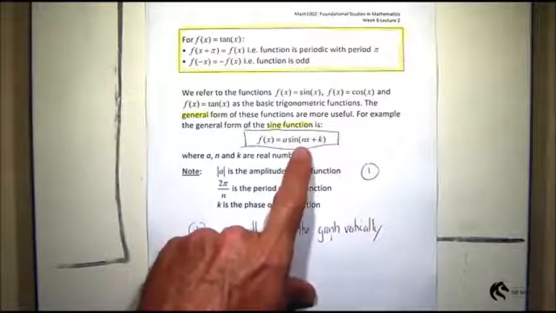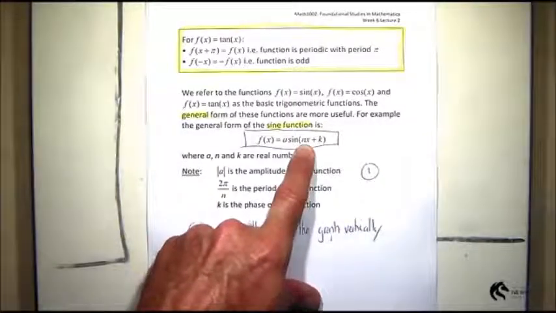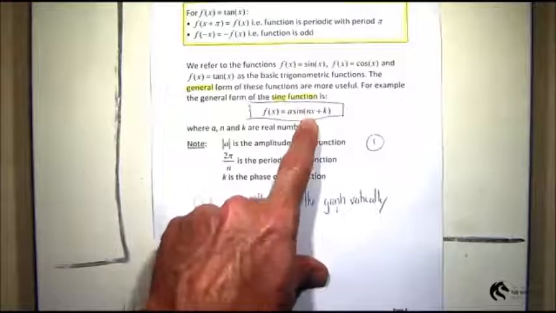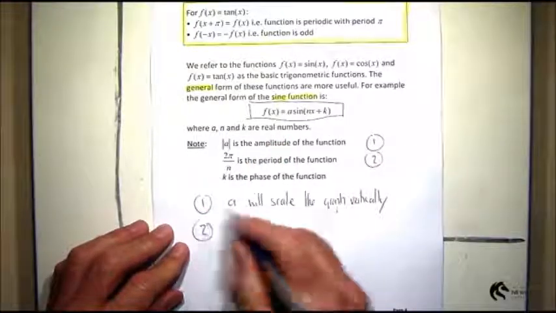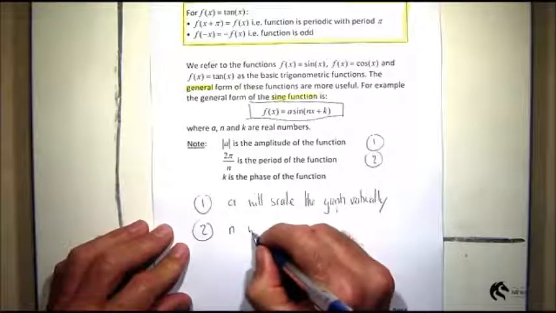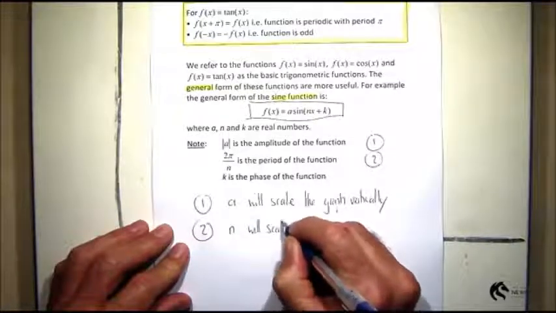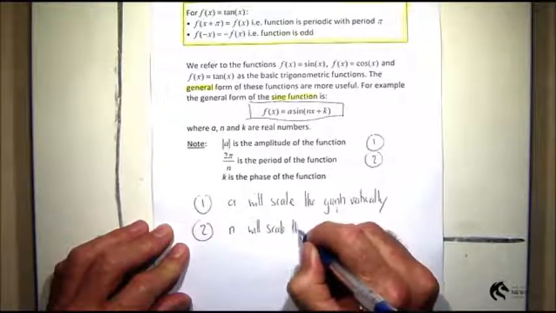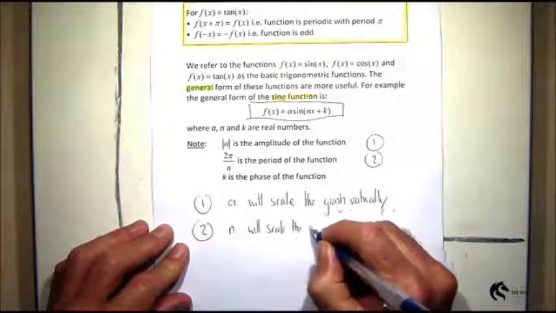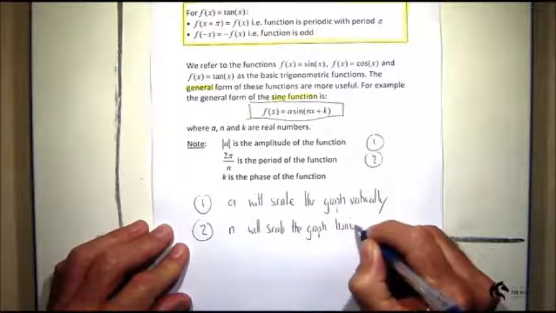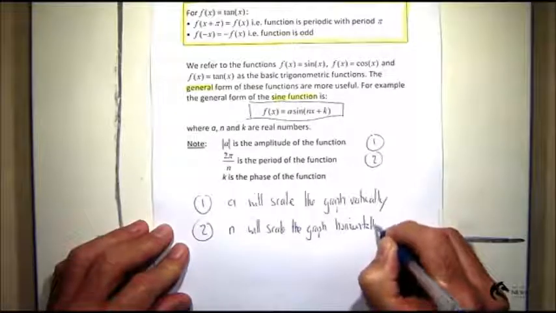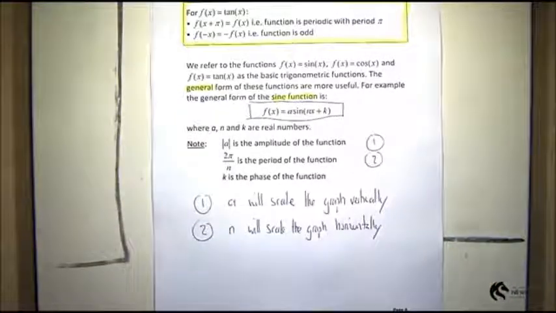Having a constant multiplying the actual argument of the function, so let me call that n, will scale the graph horizontally. So you imagine pulling it out this way or pushing it in horizontally.